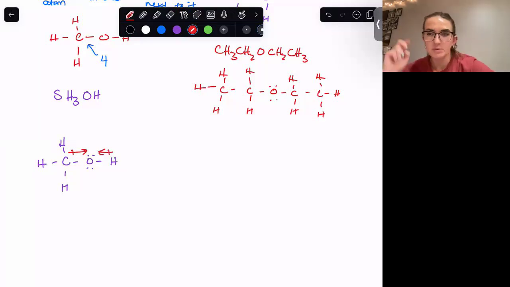And then someone did say carbon to hydrogen. Although by itself, carbon to hydrogen is not going to be a polar bond. Those have the same electronegativity, just on its own. When you have the situation here where the oxygen is now attached to the carbon, we're going to pull some of that electron density towards the oxygen, making carbon slightly positive, which is then going to have little tiny baby effects on these polar bonds here.